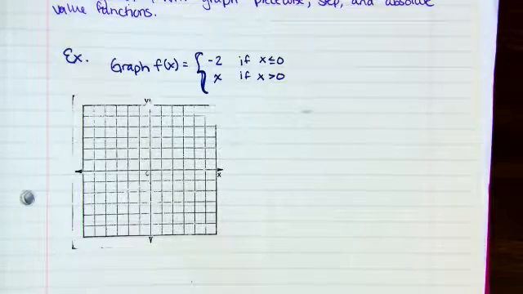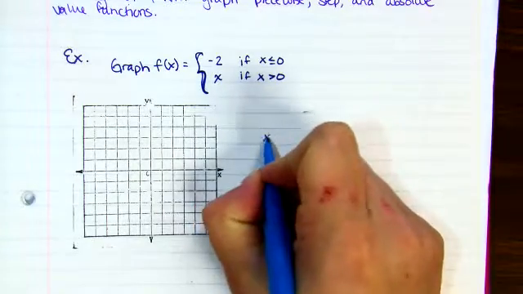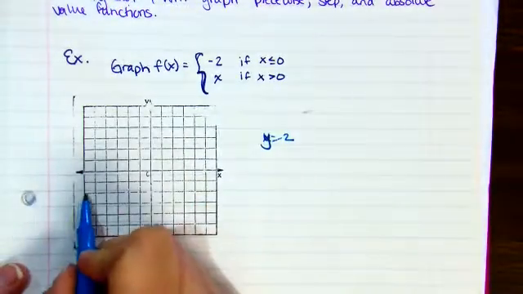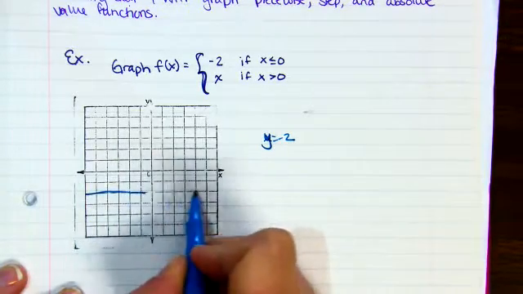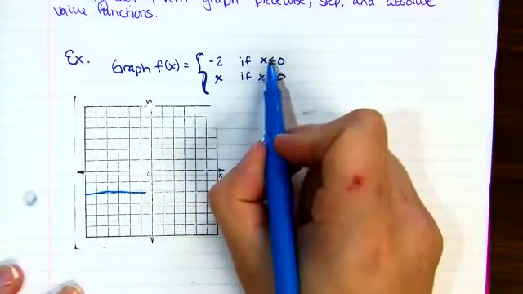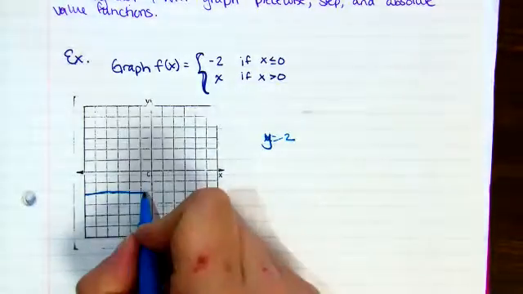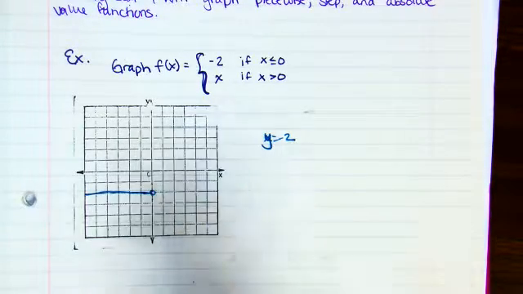Let's use a little bit brighter color. So if I were to just graph, sorry, not x, y equals -2, I would have a horizontal line that goes and goes and goes. But this tells me that it only applies when x is less than or equal to 0. So my line needs to stop at x equals 0.